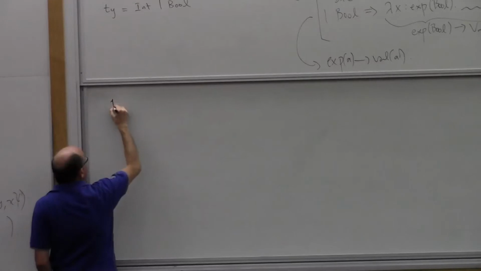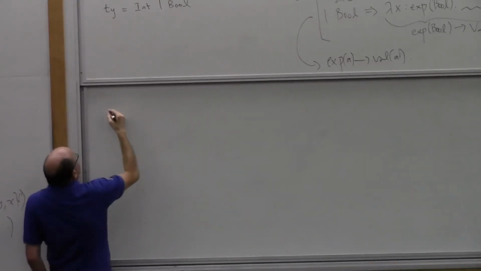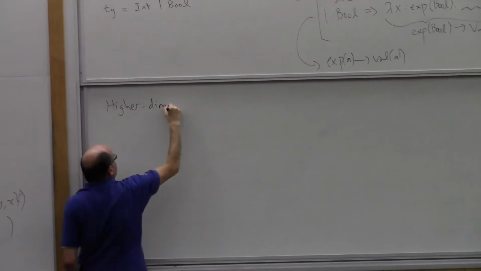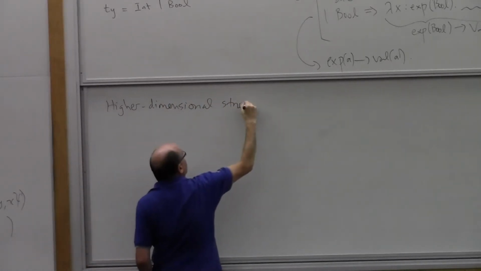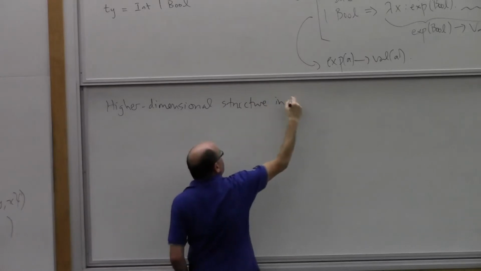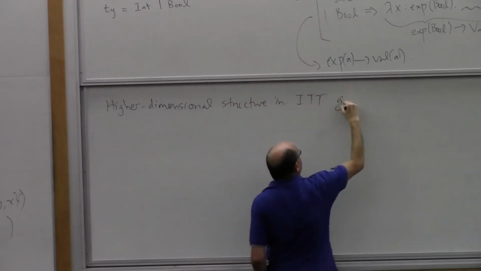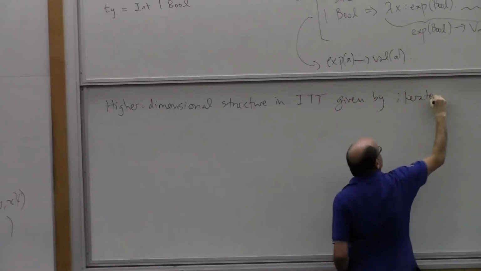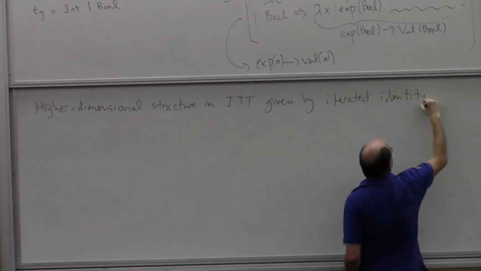But there were two topics that emerged. The first thing we observed is that there was this higher dimensional structure in type theory, in ITT, given by iterated identity types.